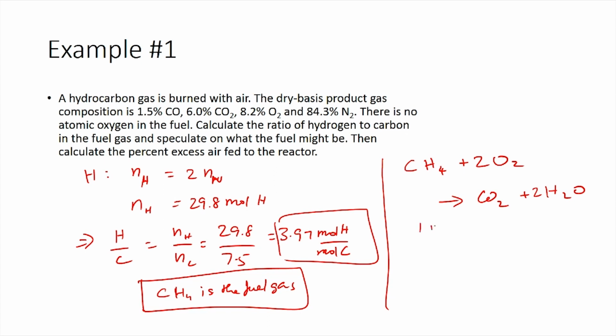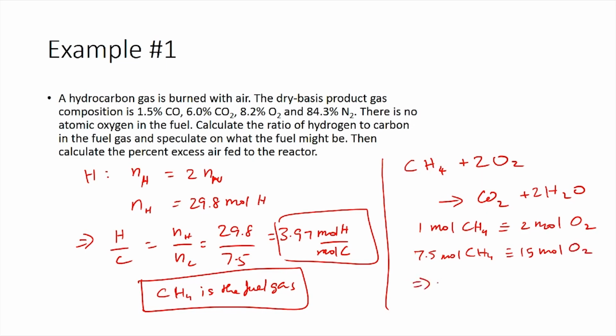So, this means 1 mole of methane requires 2 moles of oxygen for complete combustion. From the calculations we have done, we know that 7.5 moles of carbon is entering, which means 7.5 moles of methane is also entering into the system. So, for 7.5 moles of methane, you require 15 moles of oxygen.